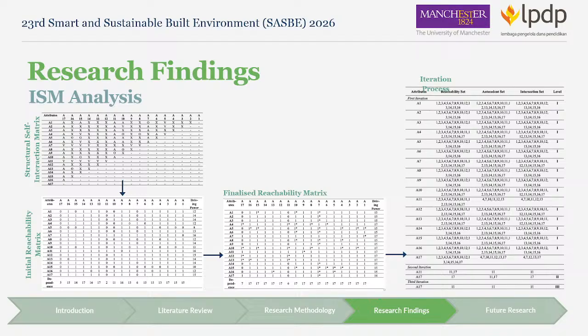The finalized reachability matrix also considers interrelationships that are not direct. The iteration process defines the levels based on the reachability set, antecedent set, and intersection set. We found 3 levels based on this analysis. This shows that the last level should be the priority that we have to consider first before we develop other attributes in the next level.